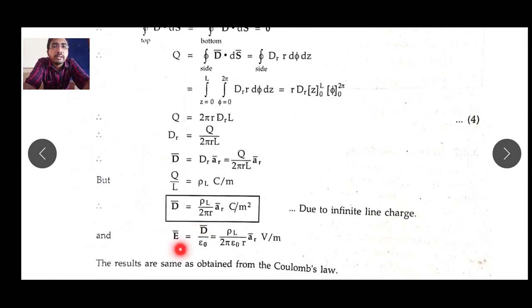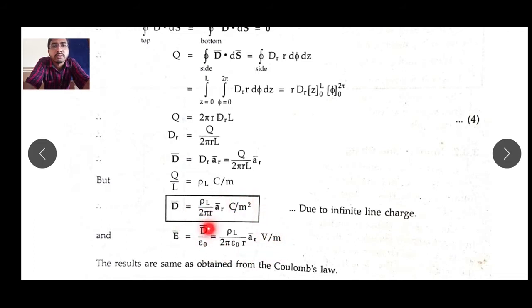So from that, the electric field intensity E bar is equal to rho L by 2 pi epsilon naught r into ar bar.